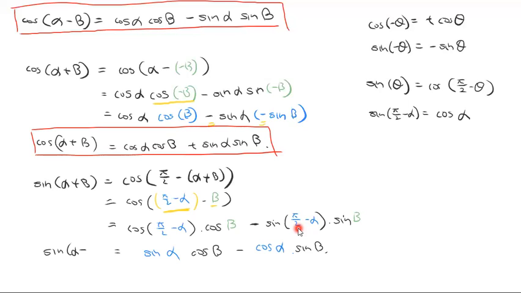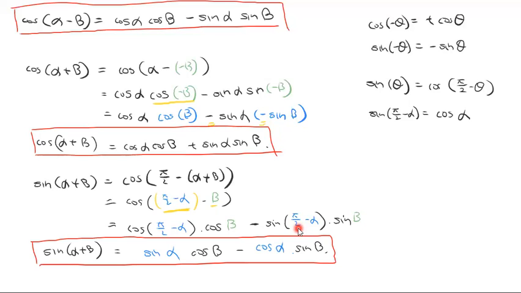Sine of alpha plus beta is sine alpha cos beta minus cos alpha sine beta. Another one for you. Okay.